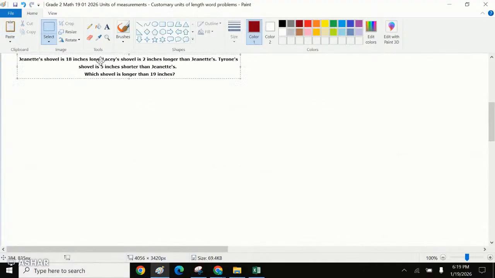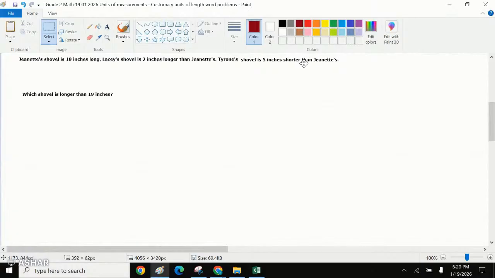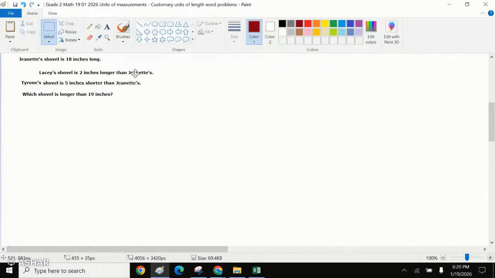They're saying Janet's shovel is this size. Tyrone's shovel is this. Tyrone's, I'll copy this. And Lacey.